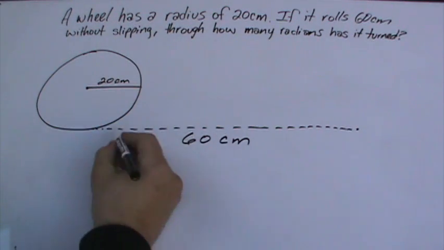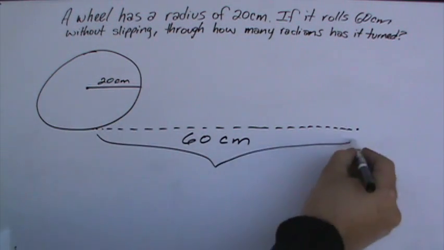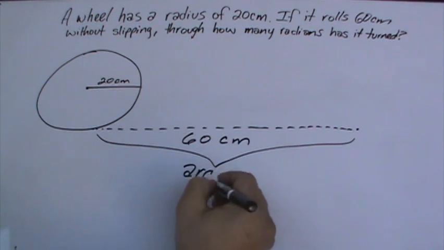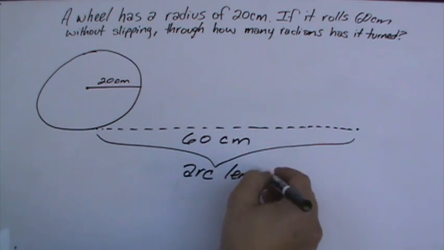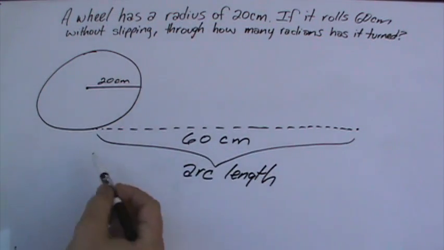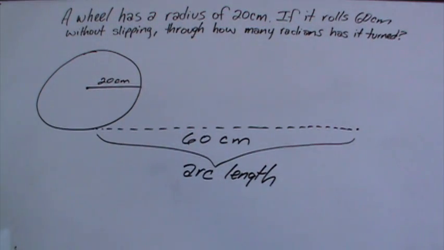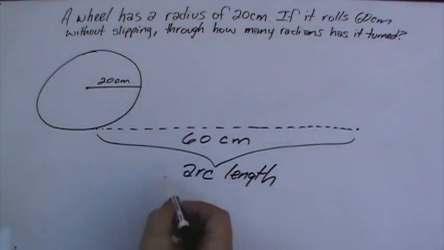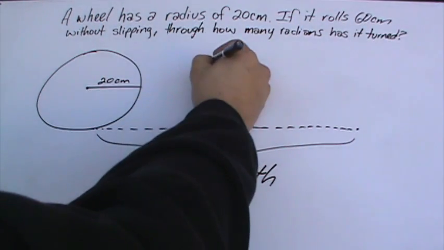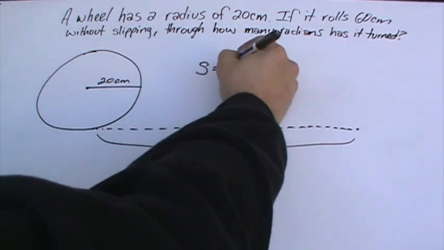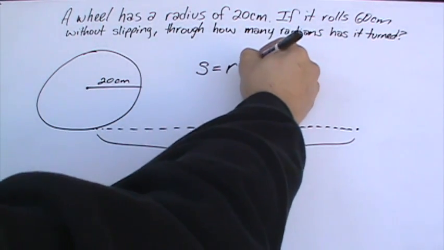So this actually becomes your arc length. This would be your length wrapped around the circle. That's the way you want to think about this problem. The formula for arc length is S equals R theta.